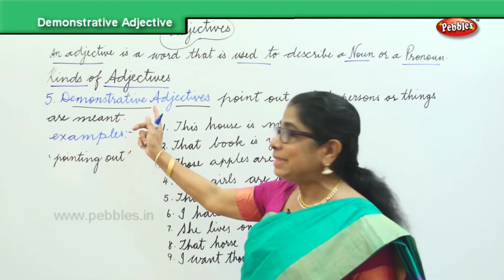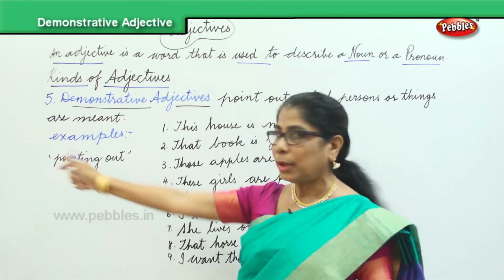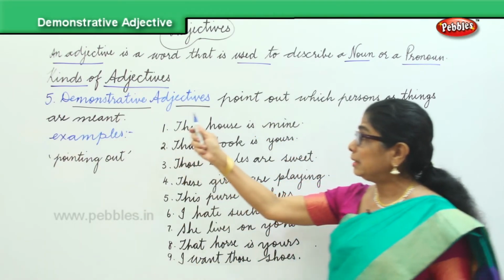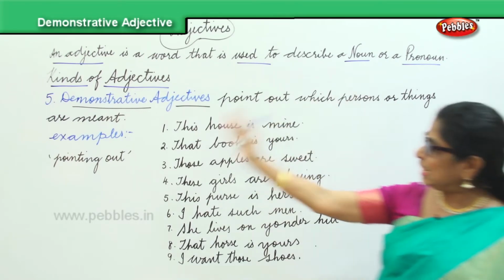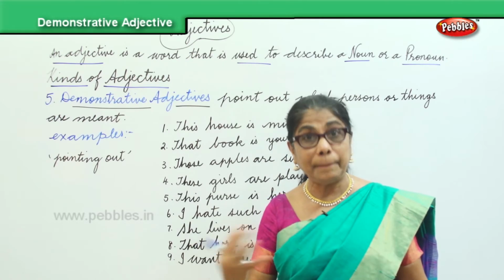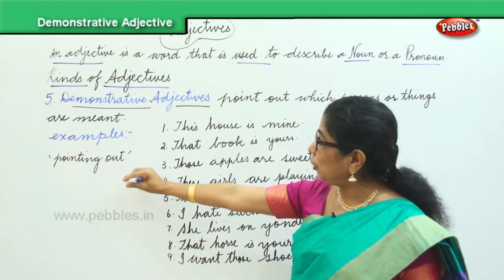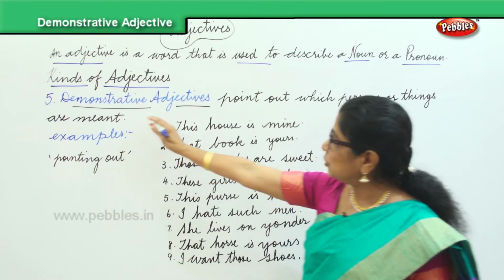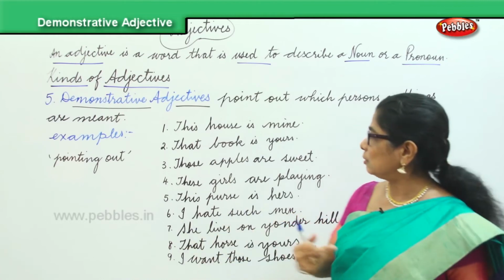Now we are doing demonstrative adjectives. What's the meaning of demonstrative? Pointing out. Demonstrative adjectives point out which persons or things are meant. Let's look at the sentences to find out which is the demonstrative adjective. This house is mine.